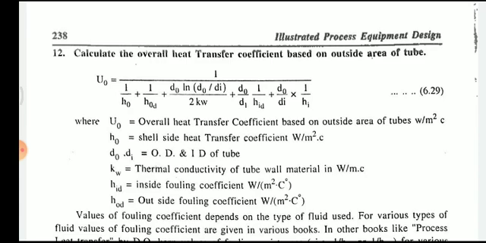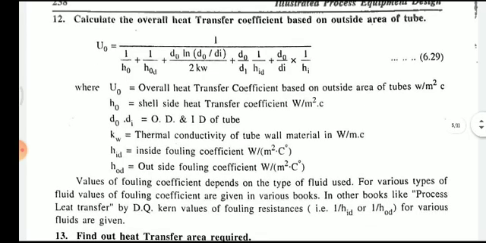U0 is the overall heat transfer coefficient based on unit surface of the tubes. h0 is the shell side heat transfer coefficient, in watt per meter square. d0 and di are the outer diameter and inside diameter of the tube. kw is the thermal conductivity of the tube wall. hid is the inside fouling coefficient and h0d is the outside fouling coefficient.